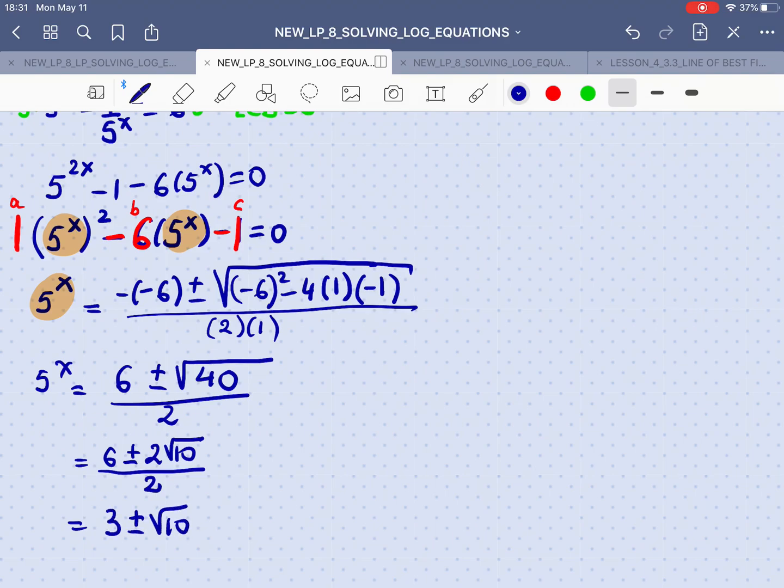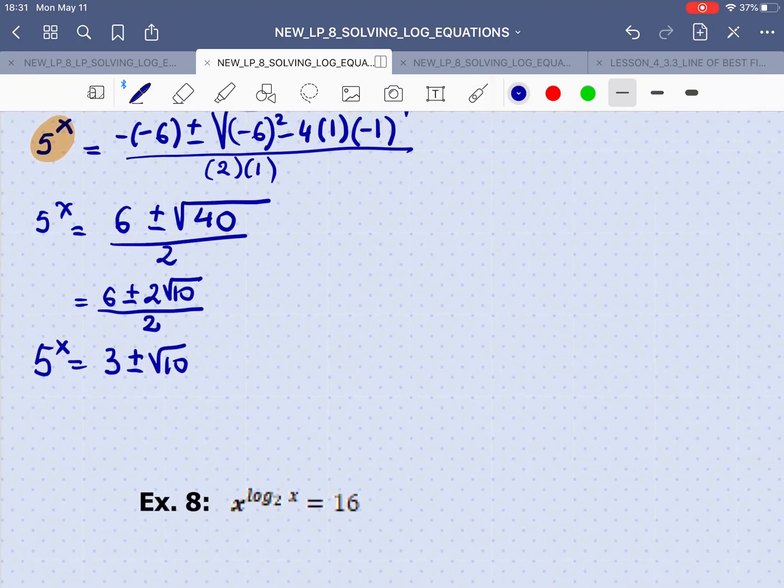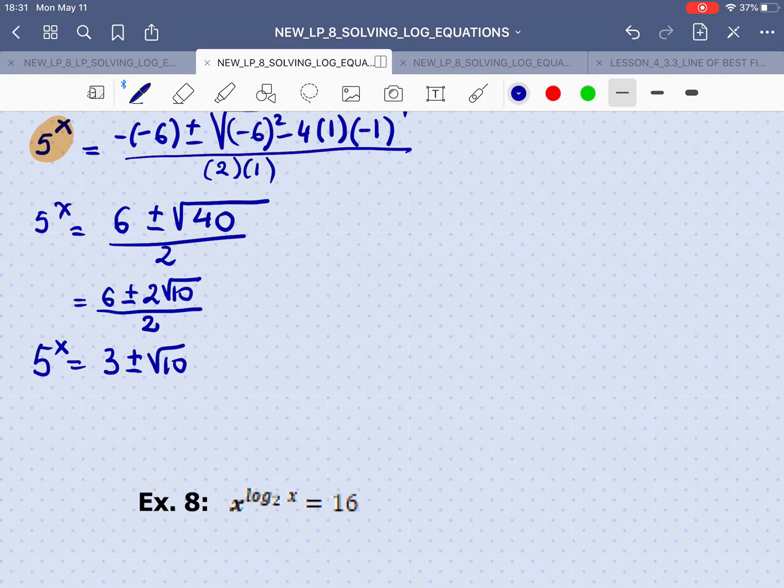Even better, 3 plus or minus root of 10. So that's 5 to the power of x. Remember that we need to solve for x. So we're going to say that x equals the log with base 5 of 3 plus or minus root 10. We'll keep this in brackets because it's a single unit, okay?